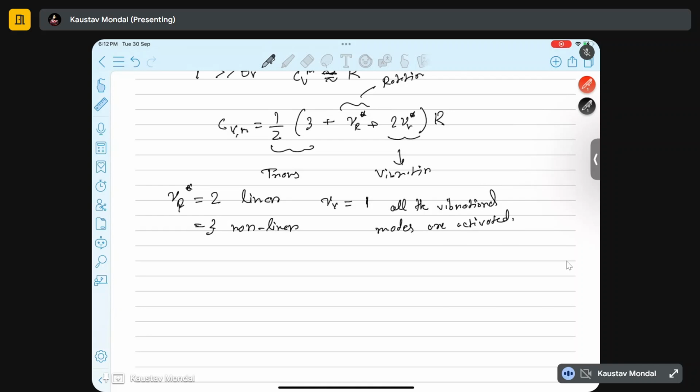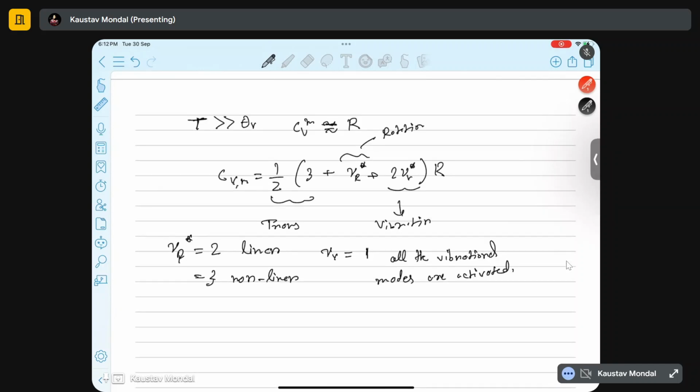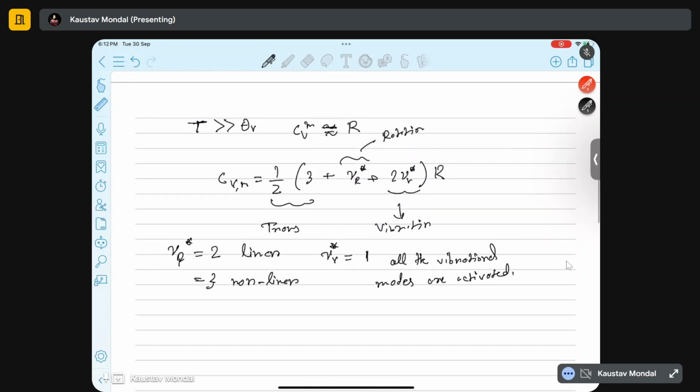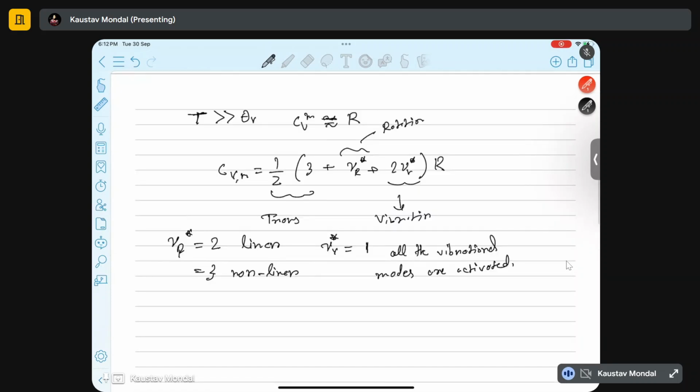So these are the different contributions from different partition functions that add up to the total specific heat at constant volume.